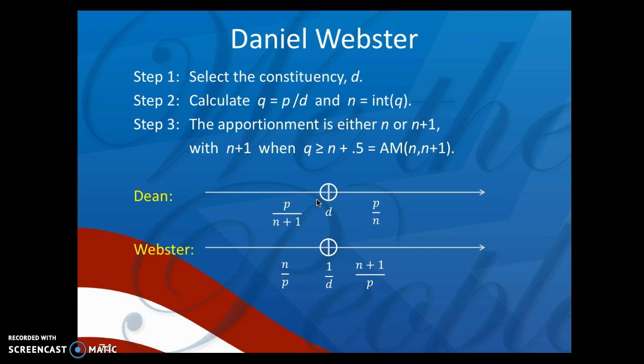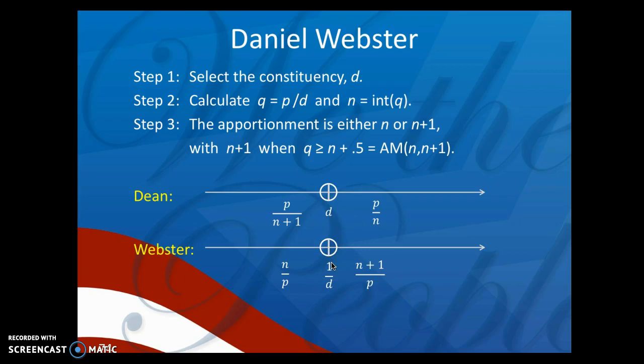And the reason is Dean's target is D. The target is the number of people per congressman. If you take the inverse of this, Webster's proposal to take the arithmetic mean actually turned out to be the opposite of that, looking at the target as the congressman or congresswoman per person. So kind of flipping these two values.